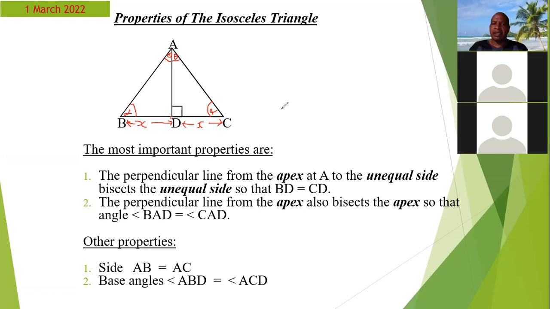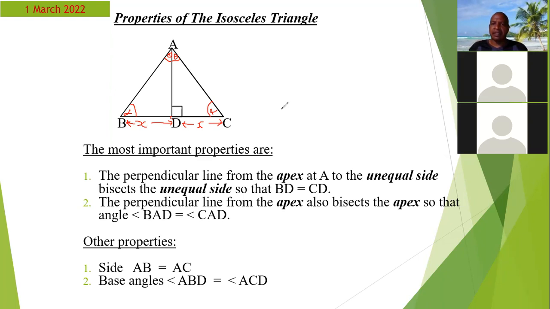Now, that perpendicular line is also referred to as a symmetric line. Now, why would that line be symmetric? It's because that line passes through the point where the left triangle is a mirror image of the right triangle.